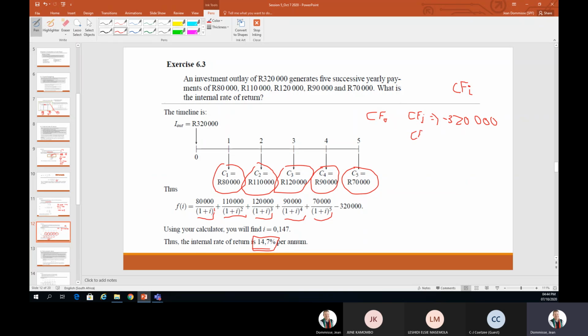So if you just set from CF1 to CF5 and you put in the values, and then you look where your IRR button is, it is supposed to give you the 14.7%. So again, just a way that you can use the calculator and not using the long method.